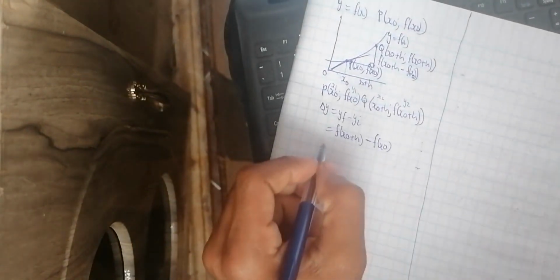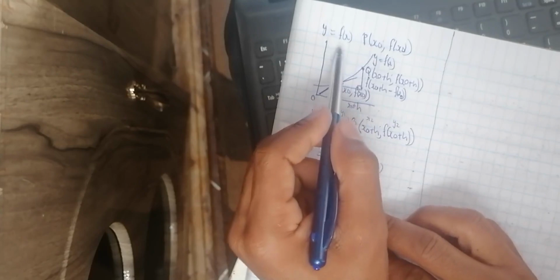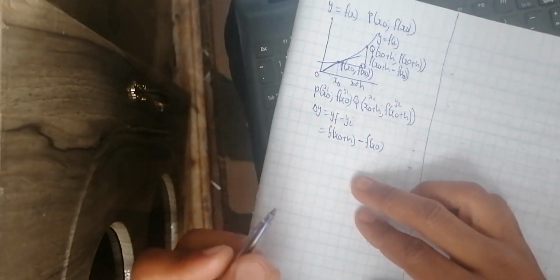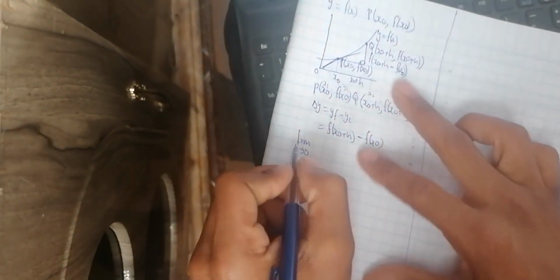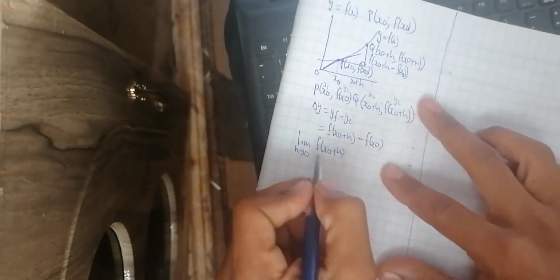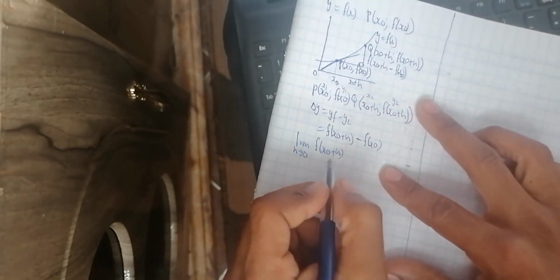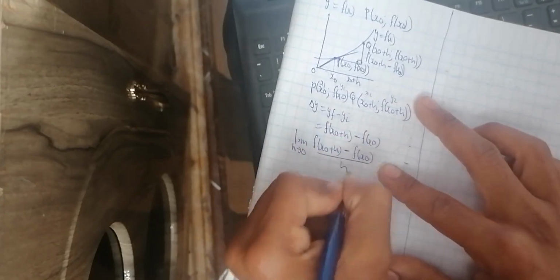And then we define the tangent line at P to be the line through P having this slope. Which slope? The slope of the curve y equals f of x at point P is a number, and it is given by the limit as h tends to 0 of f of x0 plus h, very important, minus f of x0, all over h.